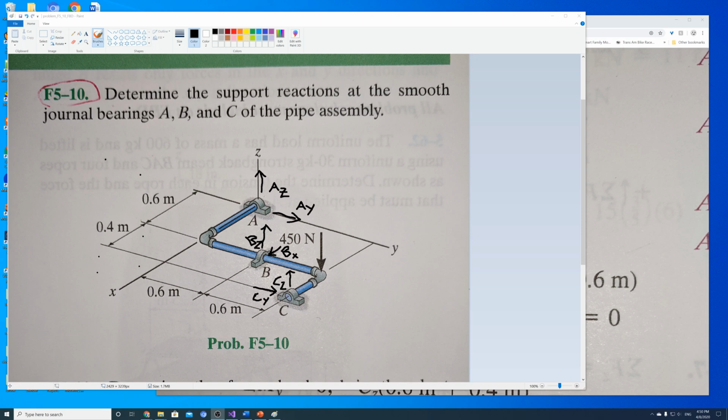When you do the moment about the z-axis, you look straight down at the top, looking down from above it as an xy plane, okay? And when we do the moment about the y-axis, what we're going to do is look at it from the side, from over here, and see it as the xz plane, okay? So multiple 2-dimensional problems because each time we're thinking about rotation about each of the individual axes.